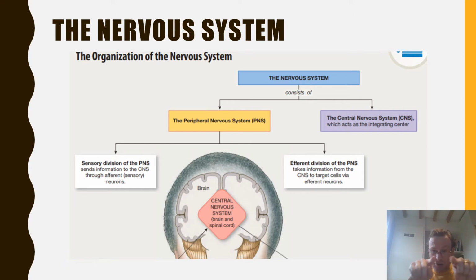The boxes to the side show the two sections of that peripheral nervous system. There's a sensory division of the peripheral nervous system, so all that information, our touch, the temperature, joint position, even the internal status of our body is being fed into our brain.